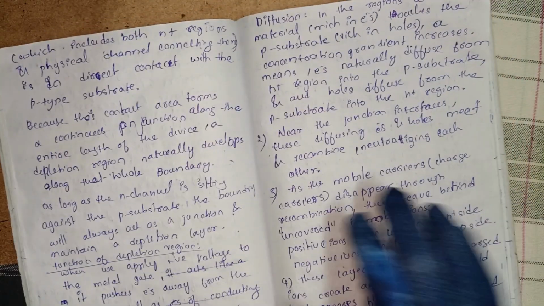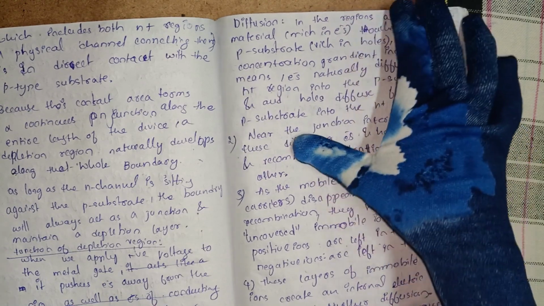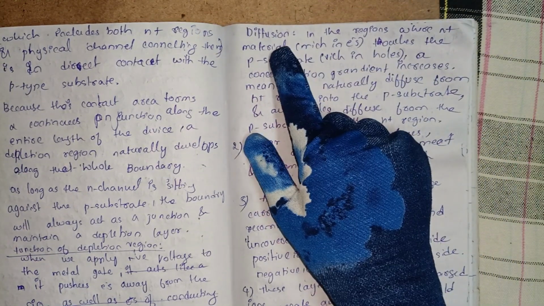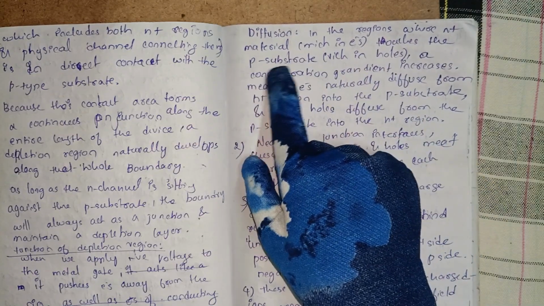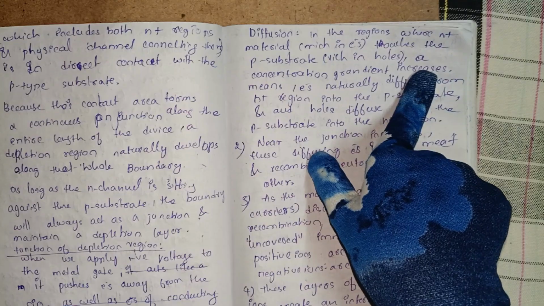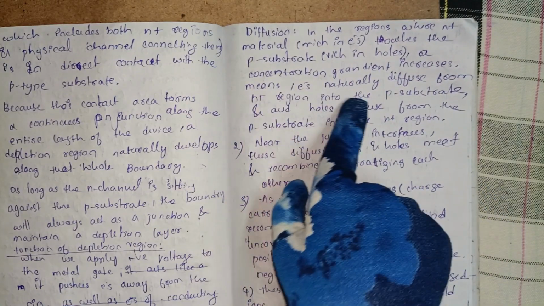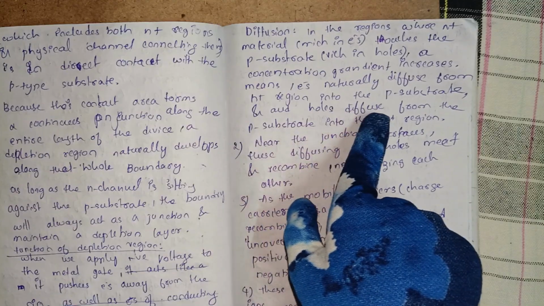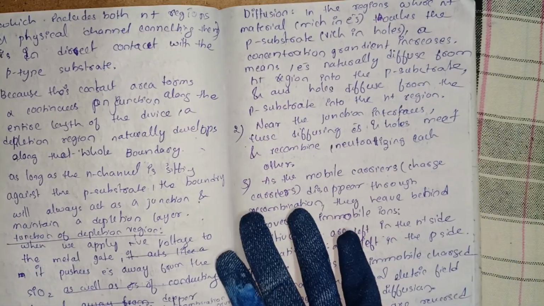In the depletion region formation, the second point is that where the n plus material rich in electrons touches the p substrate rich in holes, a concentration gradient exists. Electrons naturally diffuse from the n plus region into the p substrate, and the holes diffuse from the p substrate into the n plus region.